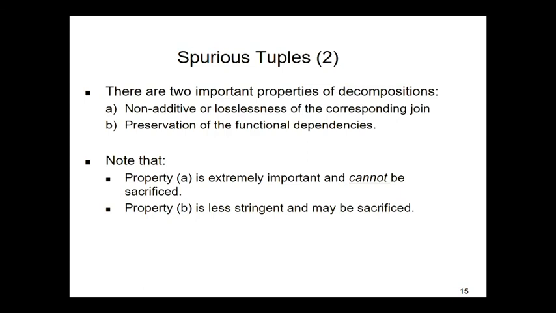Okay. The other things we need to look at are the properties of decomposition: non-additive, or losslessness, of the corresponding joins, and we have to preserve the functional dependencies. So what's a dependency?